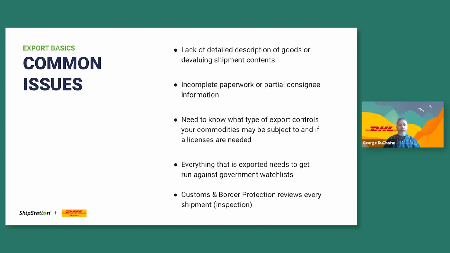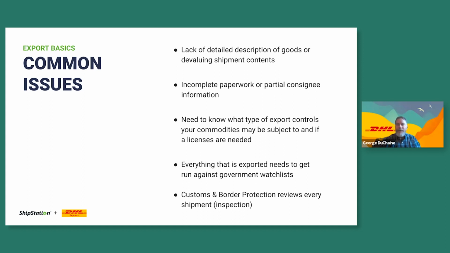So some of the common things we see in my line of work is that customers are averse to providing specific detailed descriptions of their goods. For whatever reason, they just want to provide clothing and a nominal value for that clothing.